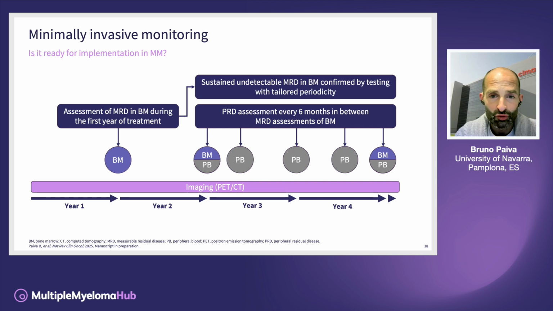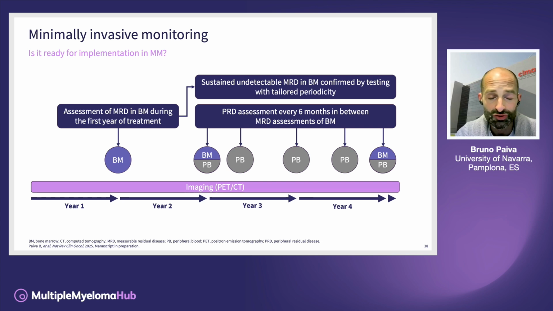Then thereafter, there could be confirmation of sustained or unsustained undetectable MRD in the marrow with tailored periodicity according to patient characteristics and patient willingness, then to perform assessment of peripheral residual disease or PRD, for example, every 6 months.